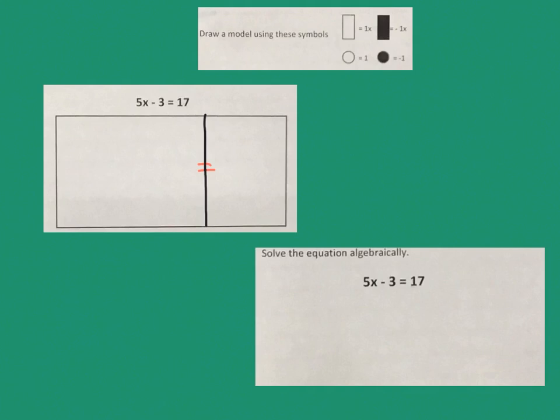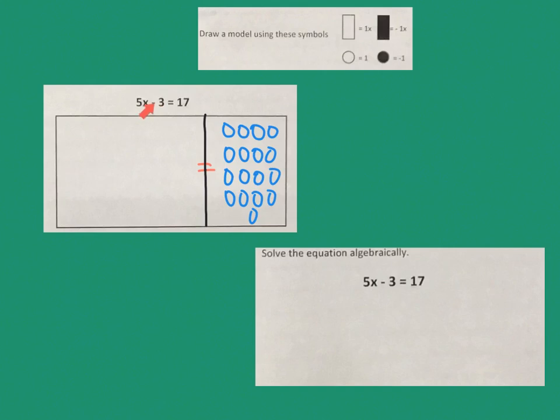I need to draw 17 of those, and that is kind of a lot, but 1, 2, 3, 4, 5, 6, 7, 8, 9, 10, 11, 12, 13, 14, 15, 16, 17. Then it says on the left side, I have 5 variables. They're positive. And then minus 3.